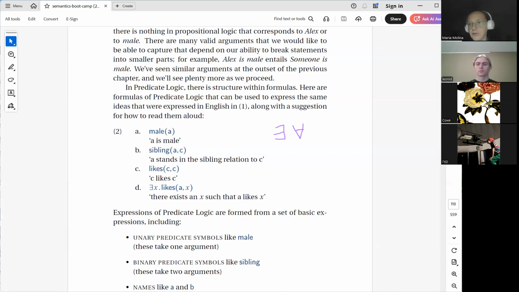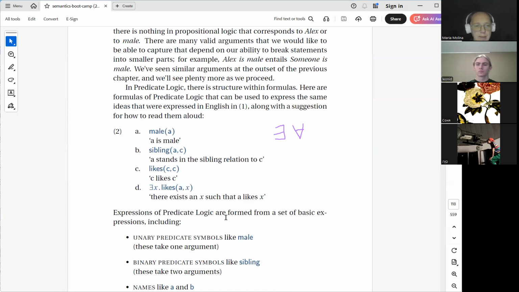Universal, right? I was correct. So we have the existential and the universal quantifiers.